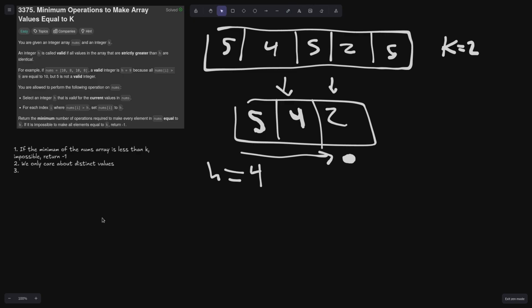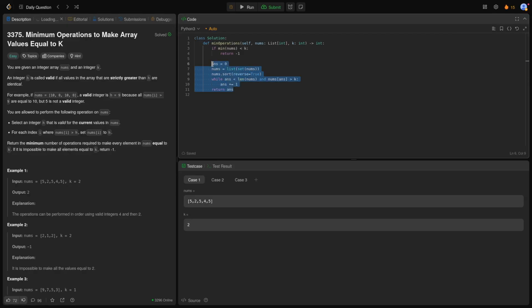So the number of distinct elements minus 1 is the answer. This is actually a really simple way to code this up. So we're just going to do return len(set(nums)) minus 1.